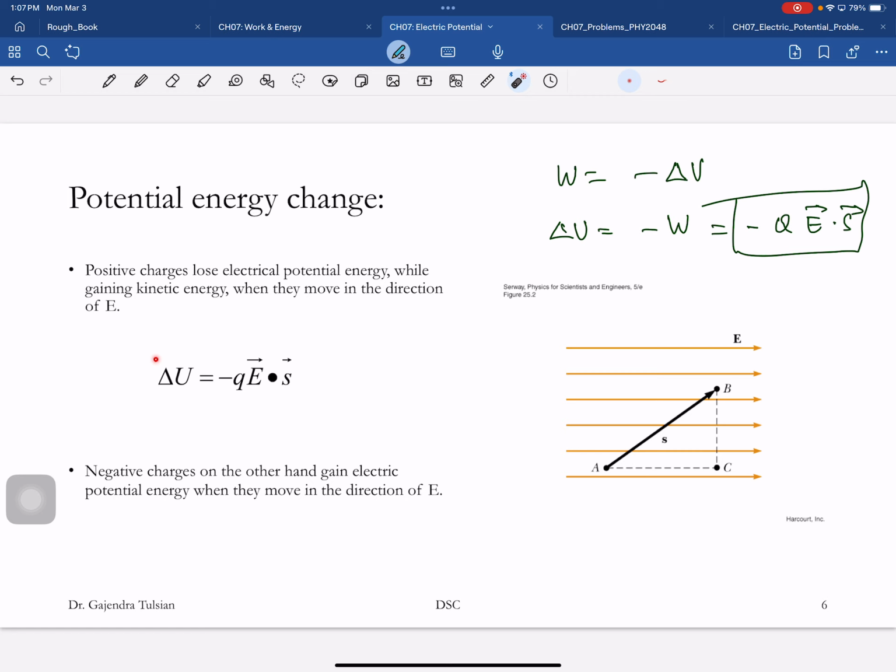The change in potential energy, U final minus U initial, is equal to minus QE dot S.